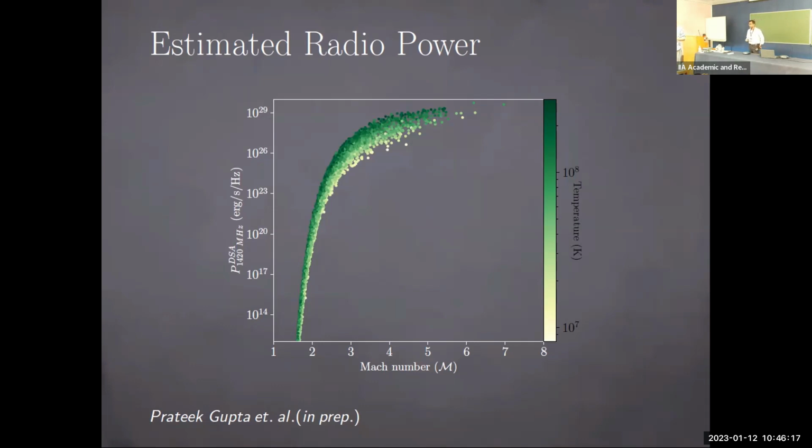Okay, so P-min for our case, considering temperature 10 to the power 7 to 10 to the power 8, relates with gamma, and that gamma corresponds to 1.02 to 1.12.